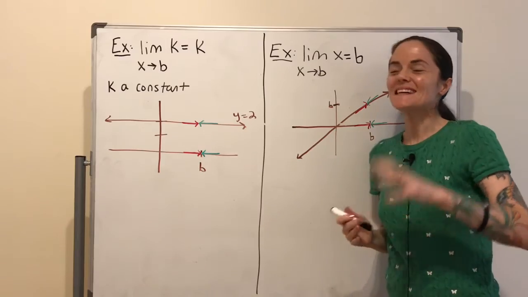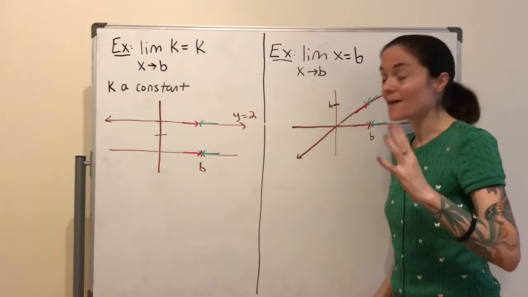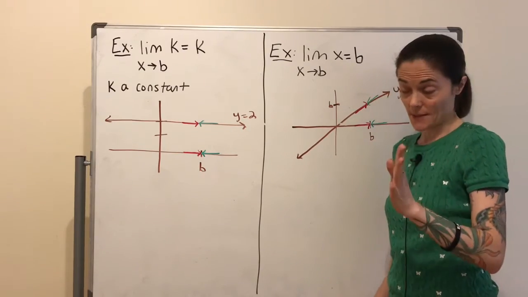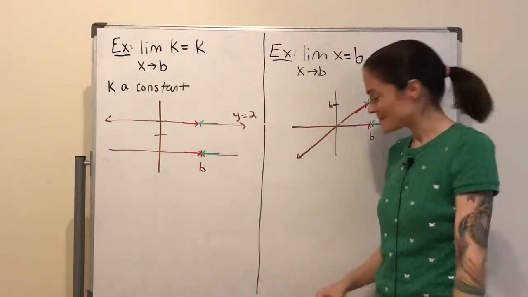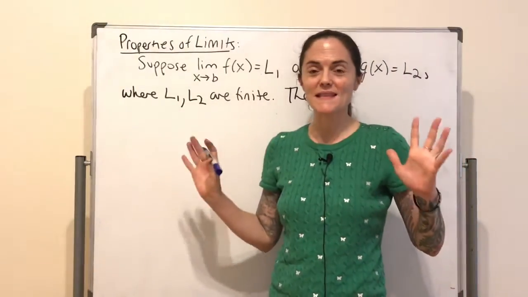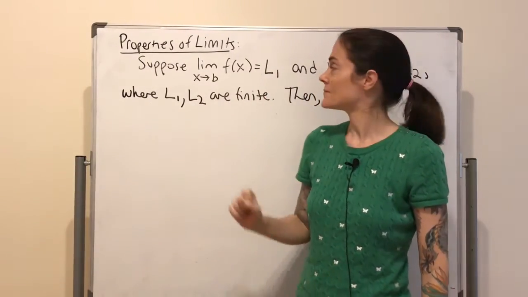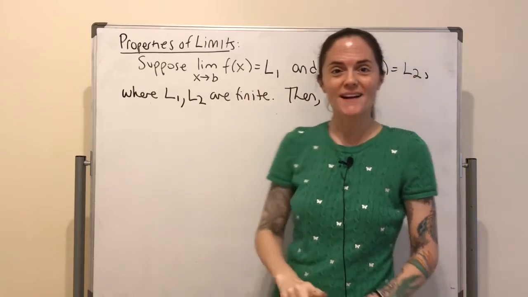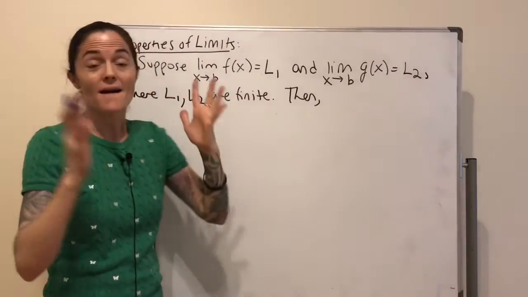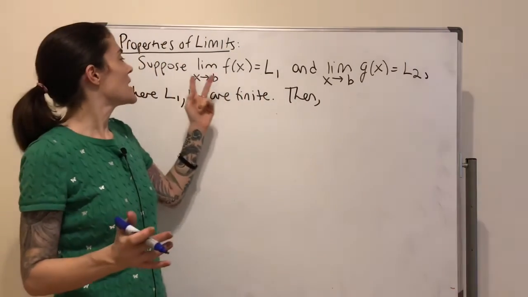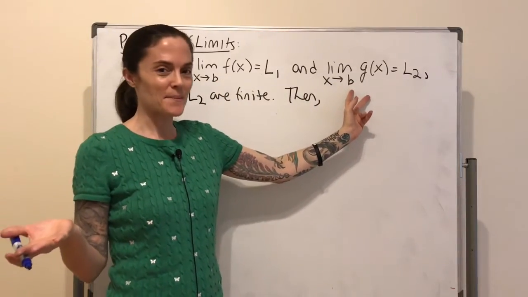These are two very beginning ones we can get by looking at the picture. Now, let's list some properties of limits that will help us, just knowing these two, compute many more. My hypothesis here for these properties is that as x approaches b, f of x approaches L1 and g of x approaches L2, and these are both finite numbers, meaning this limit exists as a finite number, this limit exists as a finite number, okay?